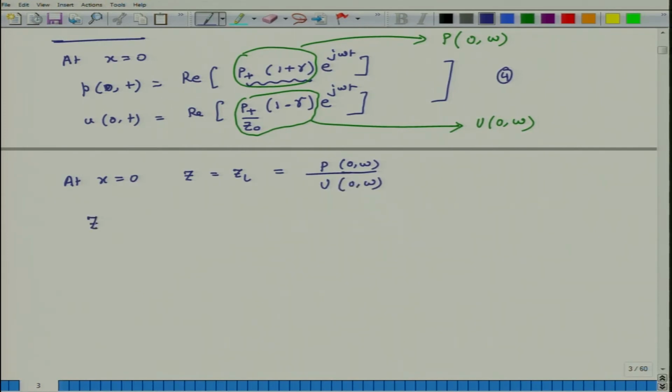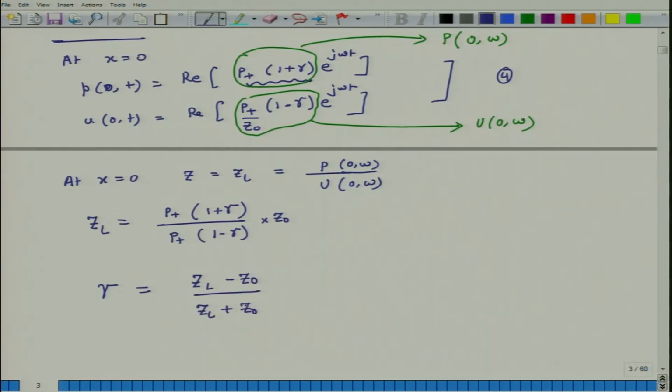So, we can say that ZL equals p plus (1 plus gamma) divided by p plus (1 minus gamma), times Z naught. So, p plus cancels out from numerator and denominator, and essentially if I rearrange this, I can express gamma equals (ZL minus Z naught) divided by (ZL plus Z naught).